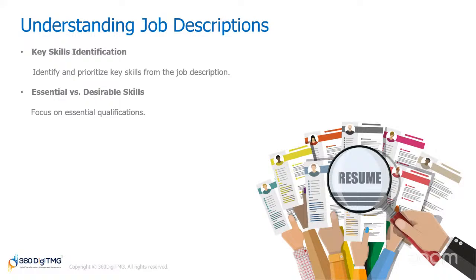Then you should focus on essential qualifications. They might be looking for a person with a degree in statistics or engineering, so you should focus on that. Then adopting job languages. There are different domains, and each domain will have some specific words, like a language. So you should be aware of that.